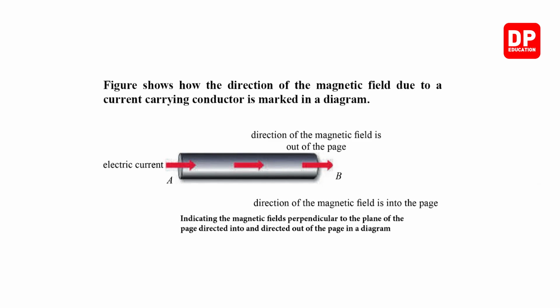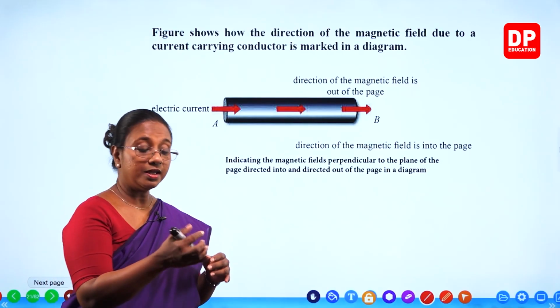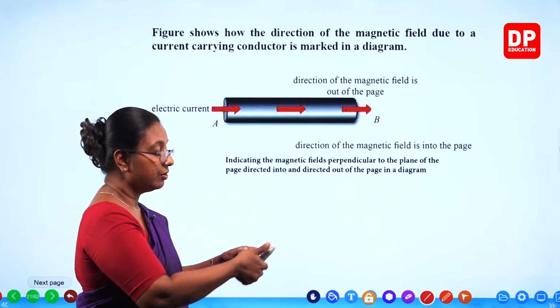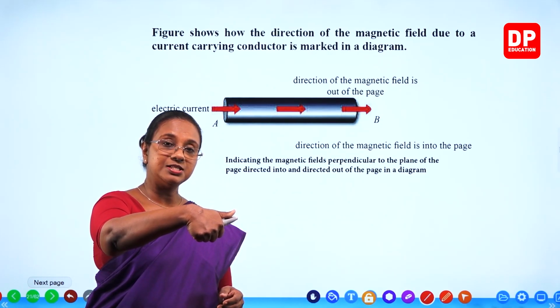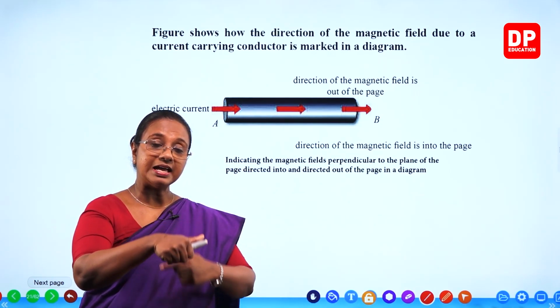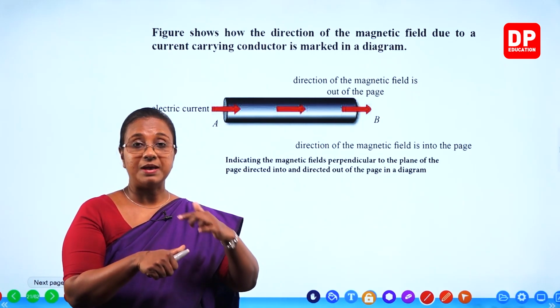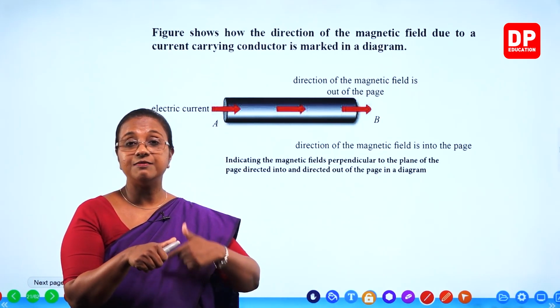So here we have a figure where we need to identify or denote the direction of the magnetic field. Now, all this time I was saying that when we hold the grip, the conductor this way, the magnetic field lines are in a circular manner. You get circular magnetic field lines.